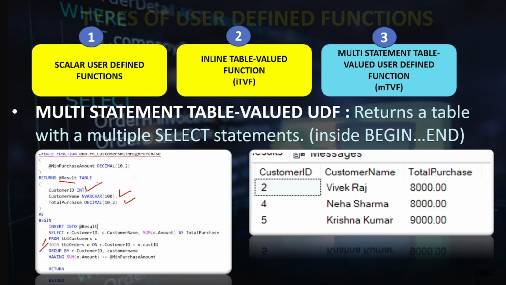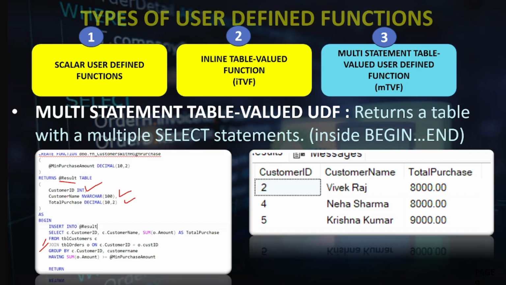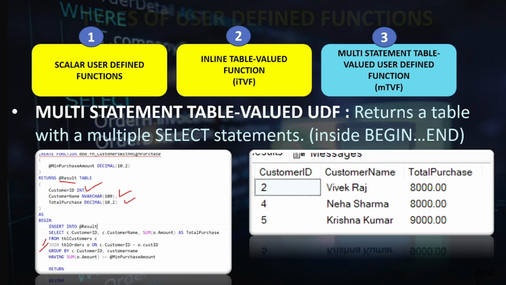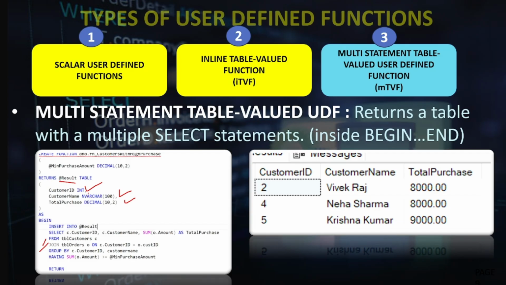I will explain the table variable concept when I explain common table expressions in future. For now, just try to understand that we can create a special type of variable called a table variable, wherein you can hold multiple values. It's a kind of tuple. I mean, you have one row and multiple columns, or multiple rows and multiple columns. It's like a table set.